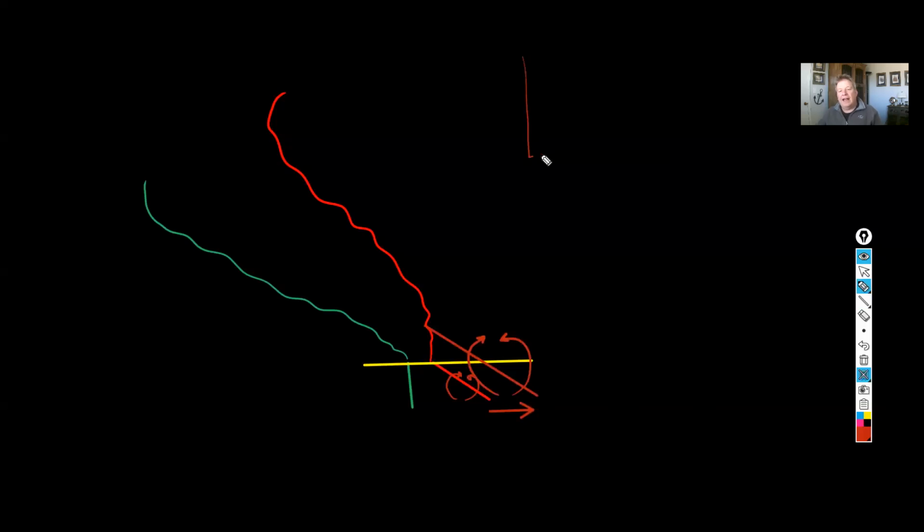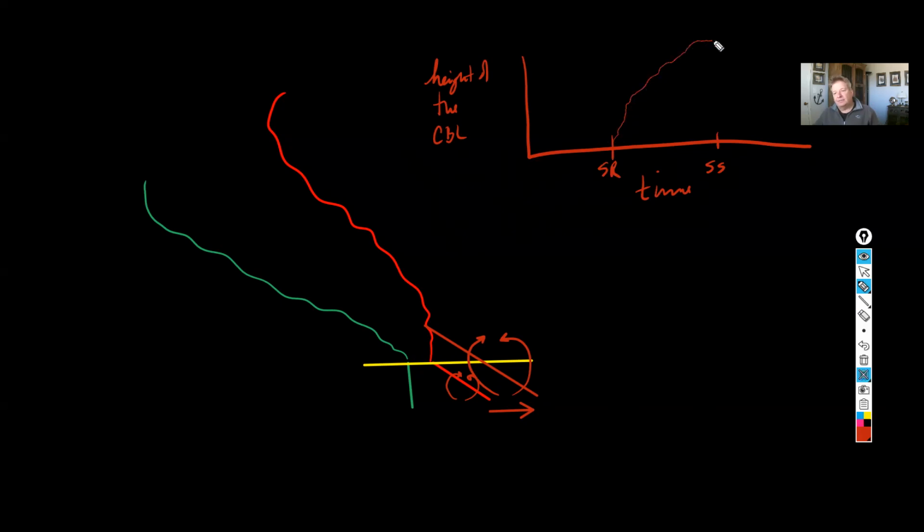So if I look at a graph of the height of the CBL versus time, and here I'm going to look at sunrise and sunset. Once you get sunrise, you start heating the ground, and the boundary layer starts to get higher and higher and higher.